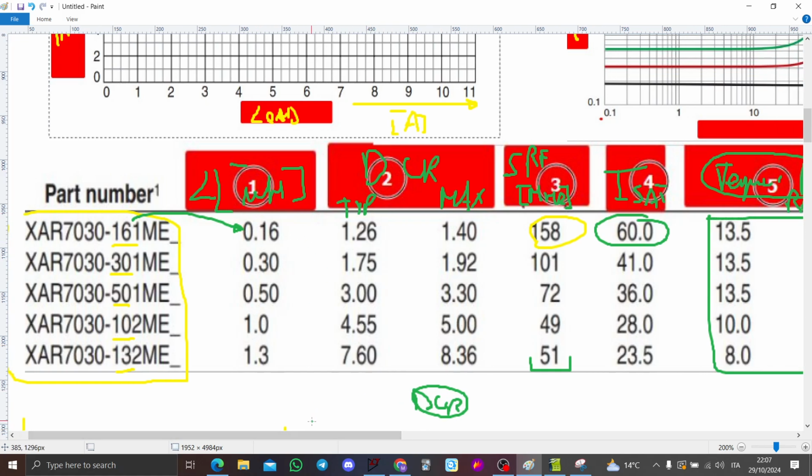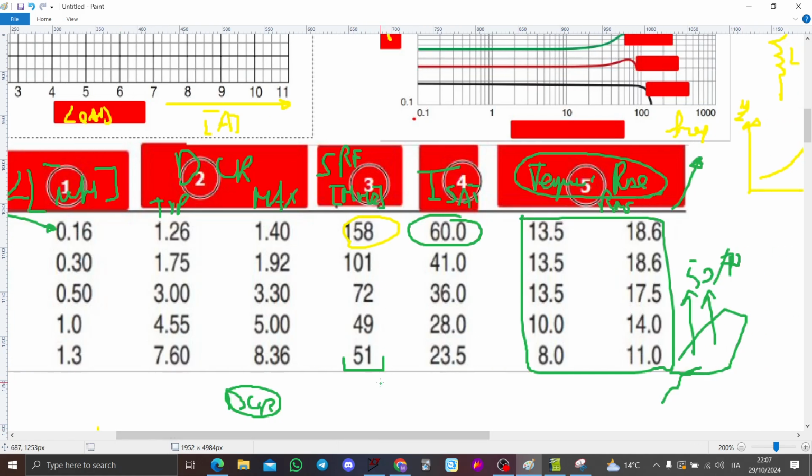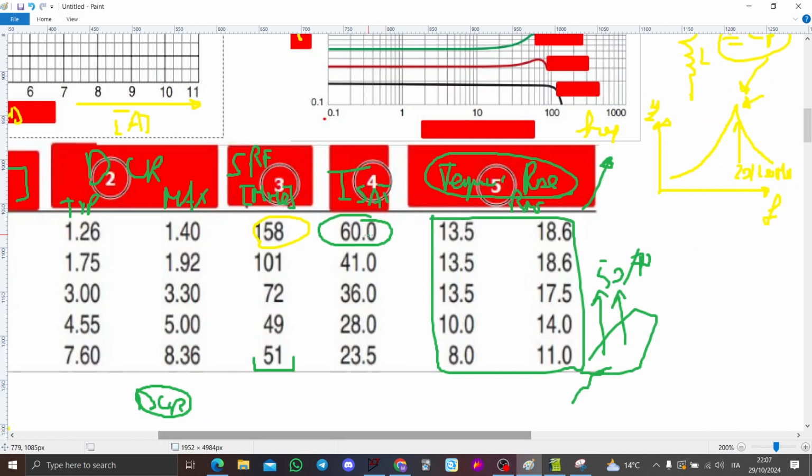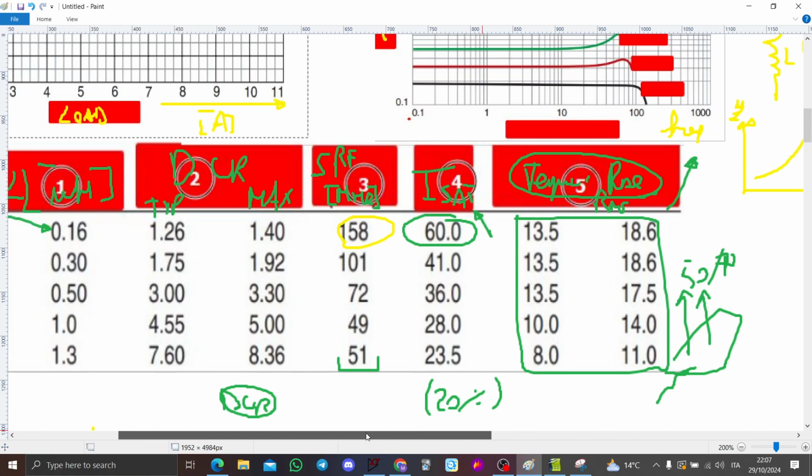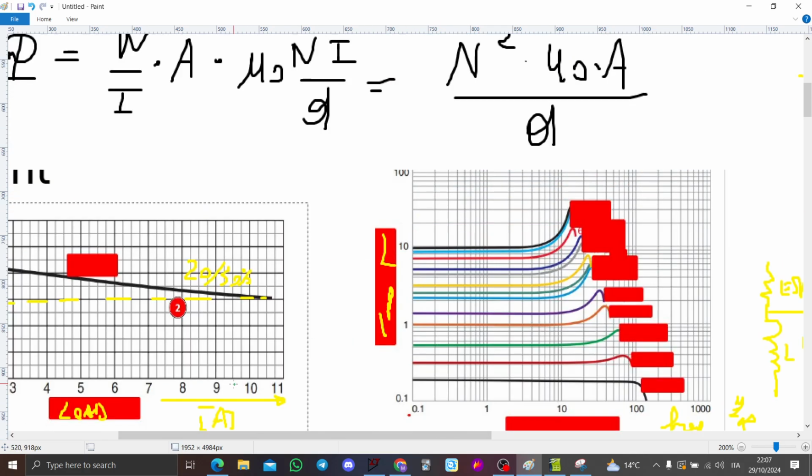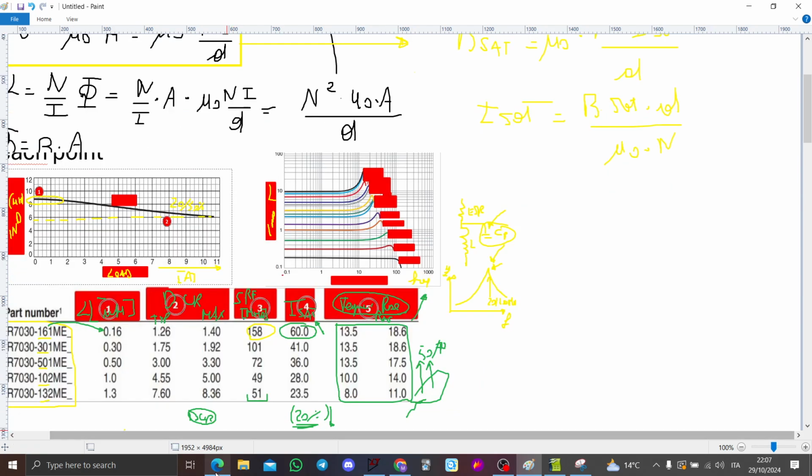So the first is inductance, the second is the DCR, the self-resonant frequency, the saturation current, and this can be either saturation, or the current at which the inductance loses 20% of value. They can also give this. This is important, to see that I'm not inventing anything.